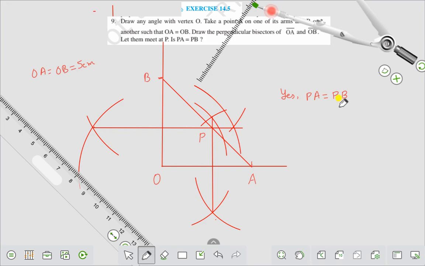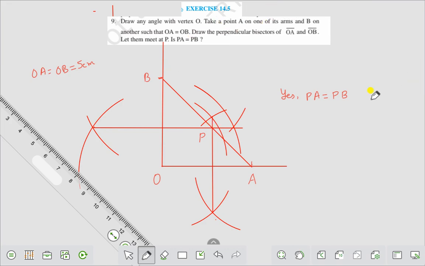Draw any angle with vertex O. This is vertex O. Take a point A on one of its arms and B on another such that OA is equal to OB. We have taken OA and OB as 5 centimeter. Draw the perpendicular bisector of OA and OB.